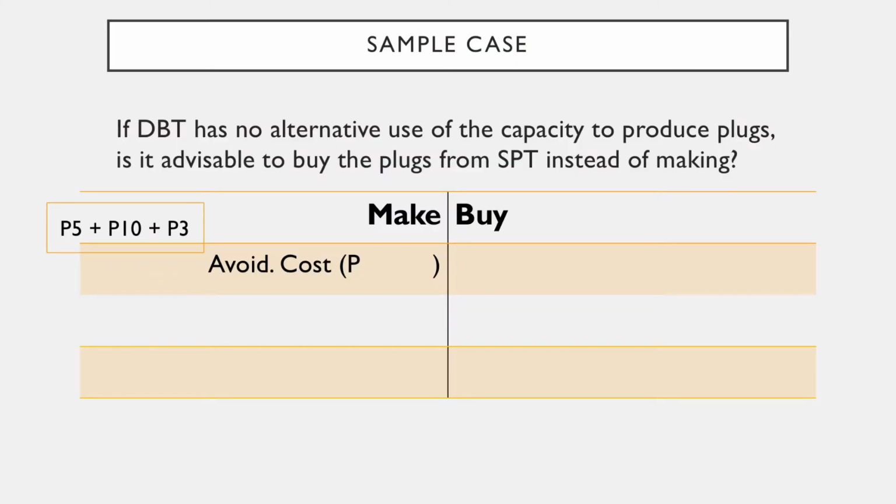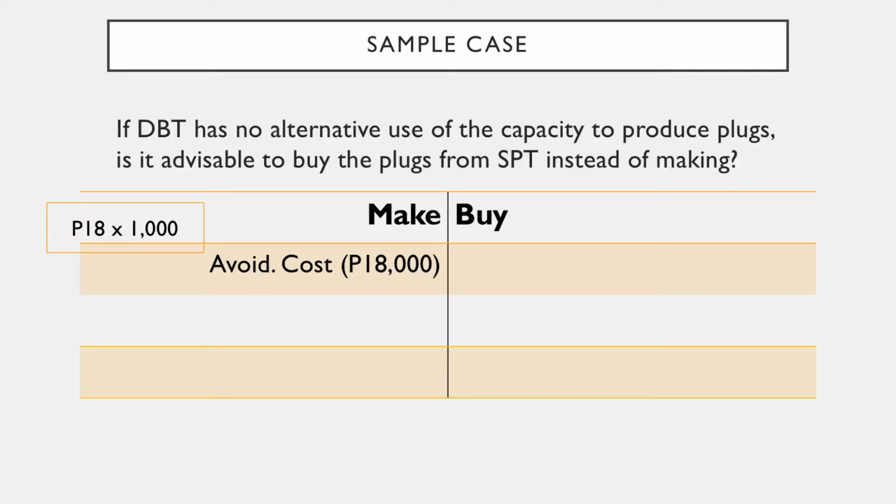Relevant cost of making would include the avoidable cost of making. Presumably, this would consist only of the variable manufacturing cost, considering the case is silent. Direct materials is 5, direct labor 10, variable overhead 3, for a total of 18. 18 pesos unit cost times 1,000 units in 1 year.